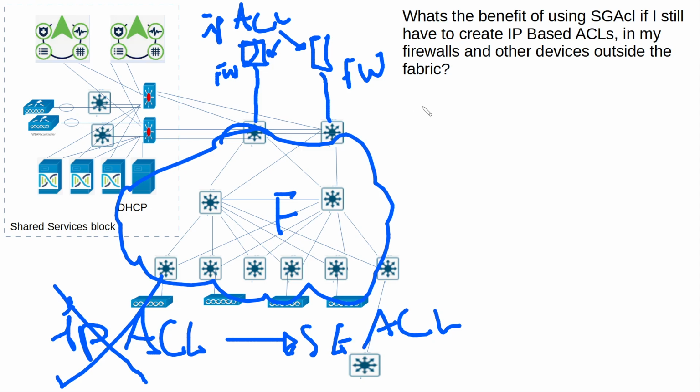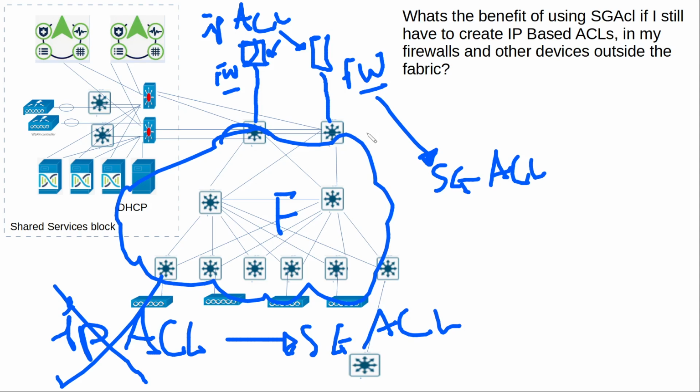So the benefit is that in the future, these firewalls that live outside the fabric will start using a scalable group access control list. This technology will start to grow the fabric, so more devices will integrate into the fabric and they will be aware of the scalable group tags.